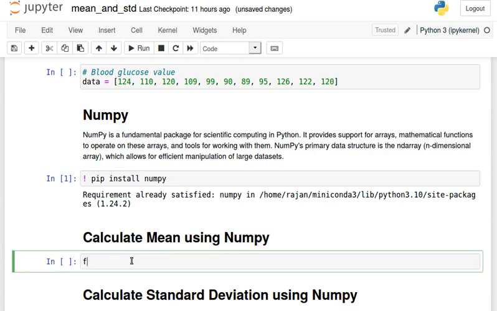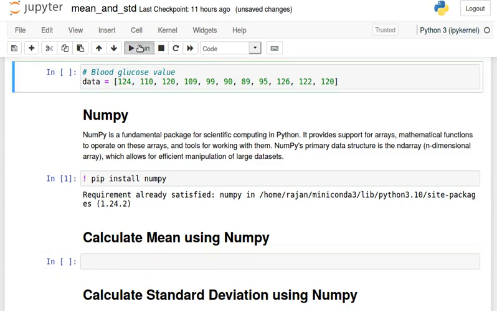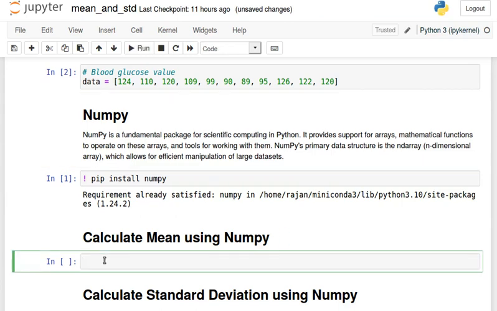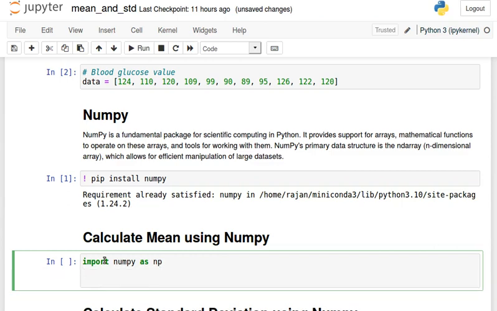First, we import NumPy, then we calculate the mean of the data. So for import, we will import the module. Then we calculate the mean.